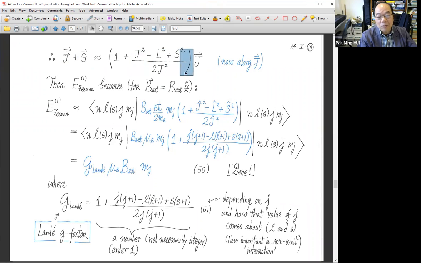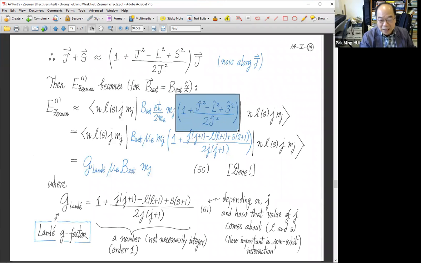Okay, so we are basically done, succeeded in our ambition. Okay, so now we replace L dot S by this chunk and go quantum.